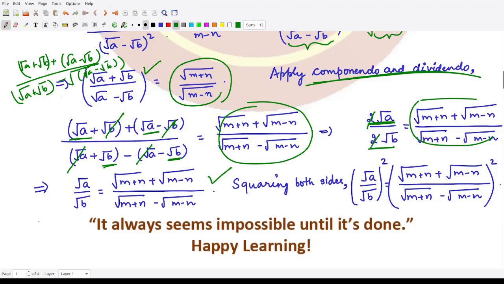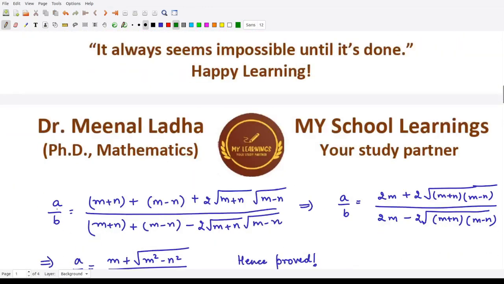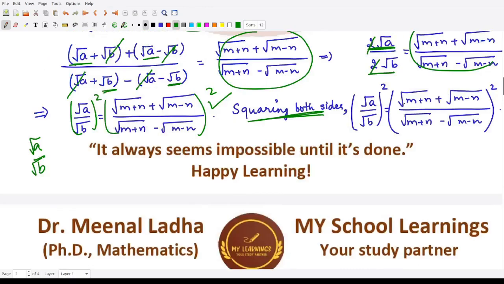Now we want a/b. However, we have √a and √b. So we can square both sides, so that we have this square and this square. This square is nothing but a/b, correct? And you have to do the square of this thing, numerator and denominator separately.